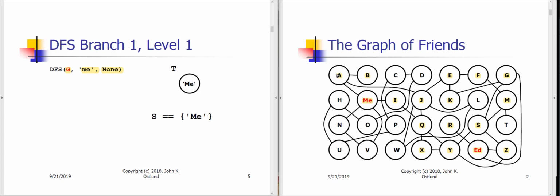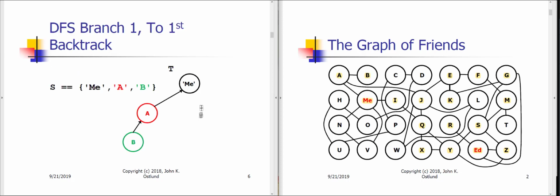And in the recursive call, we're going to visit A's immediate neighbors alphabetically, so we'll visit B next. When we hit B, B has no unvisited neighbors, so we have to backtrack. Here's what that first downward branch looks like.